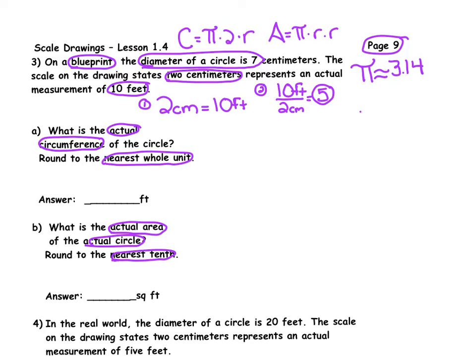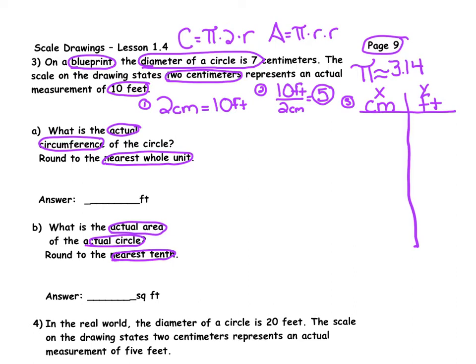So when we make our t-table, where we convert back and forth between centimeters on paper and feet in the real world, we're either going to be multiplying or dividing by 5. Please construct your t-table and label each column. Please do that on your own paper.